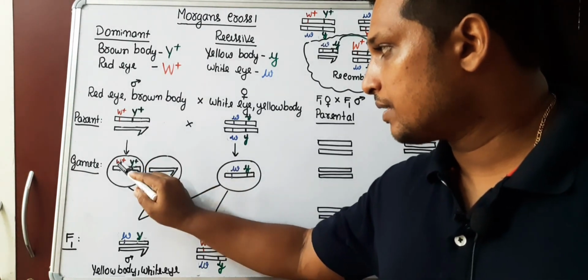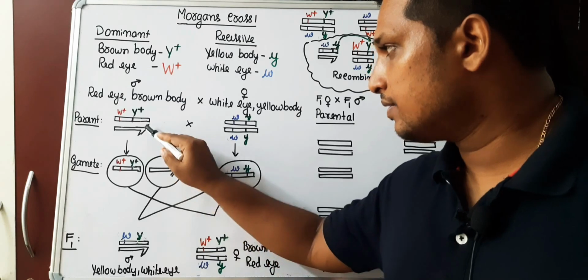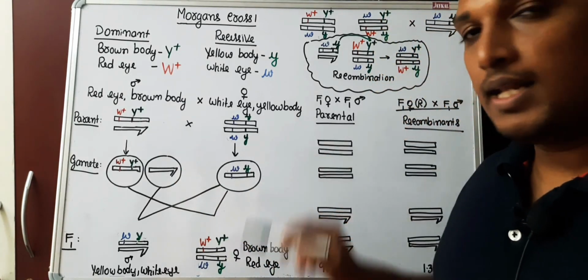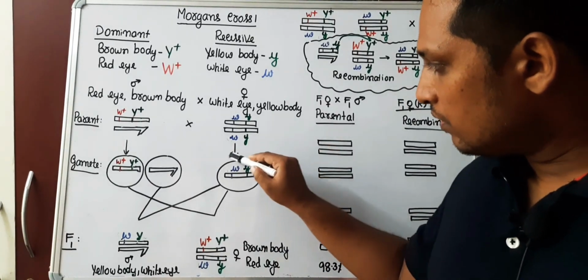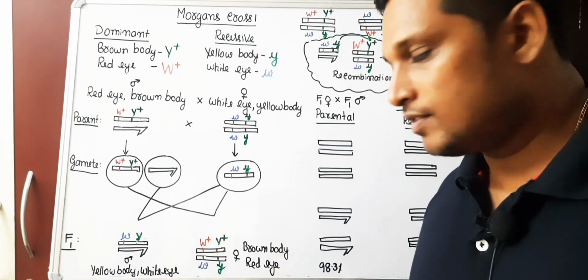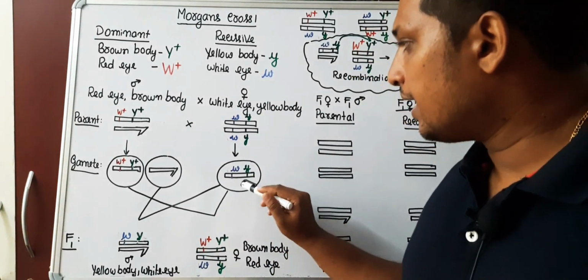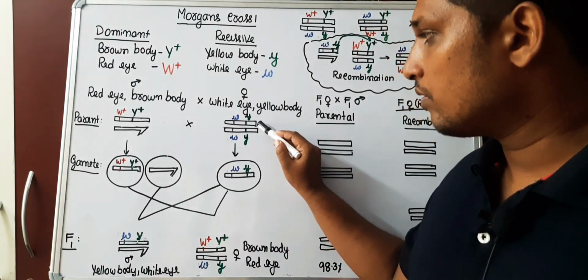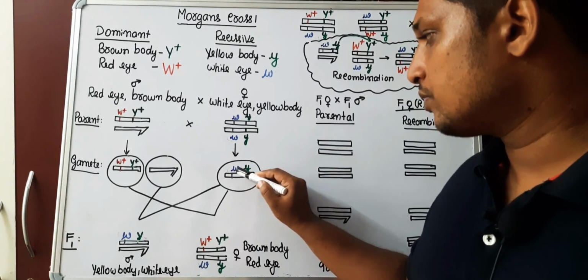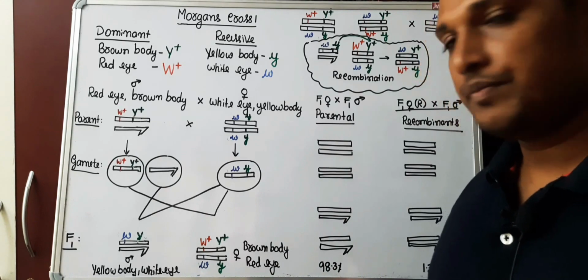The X chromosome will separate, carrying w plus, y plus, and the Y chromosome will also separate. The female will form only one type of gamete. There may be many gametes in the cross, but all gametes will carry the same X chromosome. If I take another X chromosome also, it is the same. The X chromosome is carrying small w, small y.